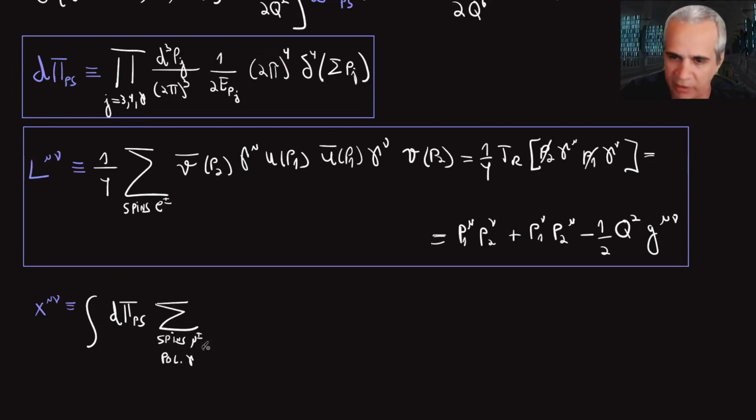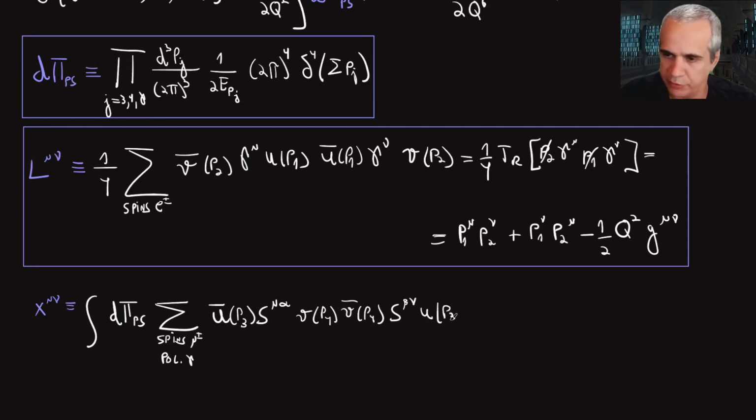And now I have everything on the right side of that diagram: U bar P3 S mu alpha V of P4, V bar P4 S beta nu U of P3, epsilon alpha epsilon star beta.